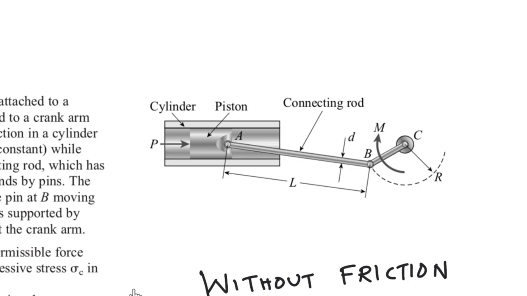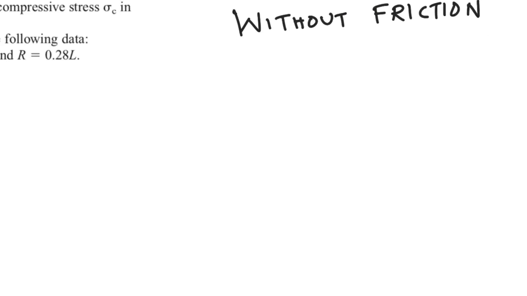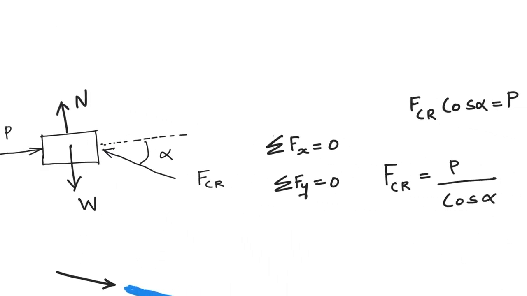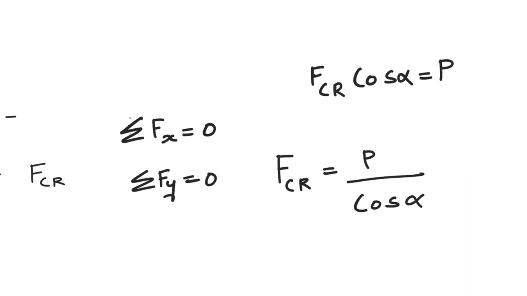That's why for the piston I am taking the equations of equilibrium like this: sigma Fx equal to 0 and sigma Fy equal to 0. Simple. Sigma Fy equal to 0 simply means the normal reaction should be equal to the weight of the piston. Now when I sum the forces along the x direction, I get FCR cos alpha equal to P, which helps me write this particular expression. Well and good.